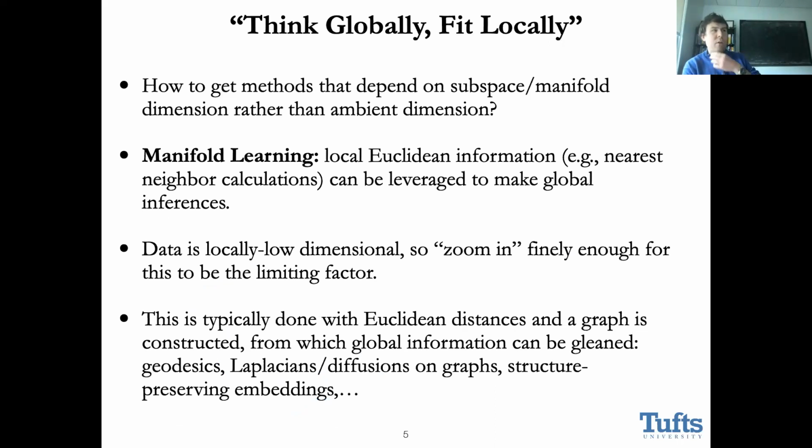This broad class of algorithms falls under what are called manifold learning schemes, where you take little local information, little local nearest neighbor distances. These are easy to make inference for because your manifold is locally flat. And then you have to stitch these things together to get a global pattern, right? So the mantra might be something like think globally, fit locally, which is the name of a very well-known paper in this field.